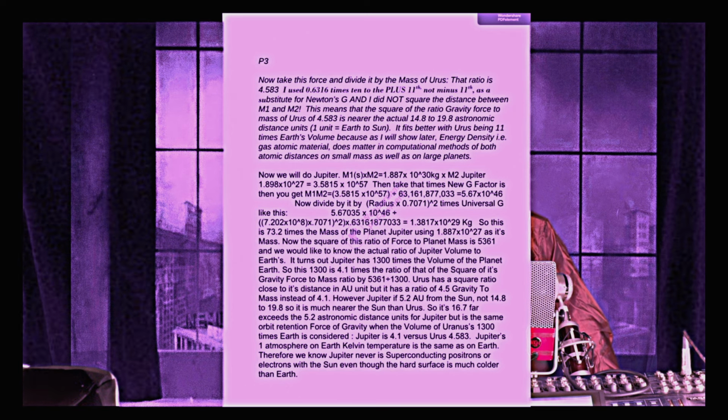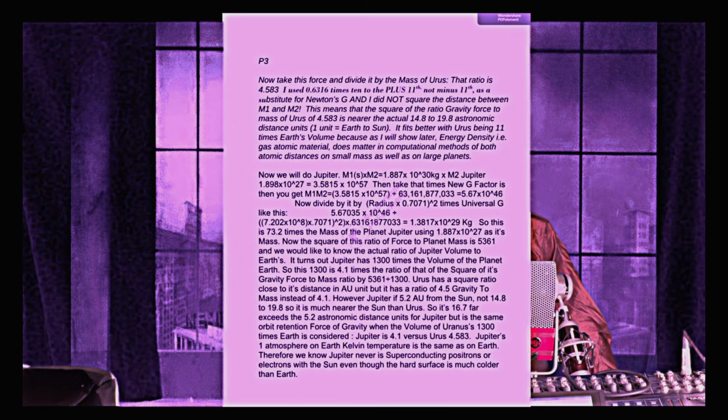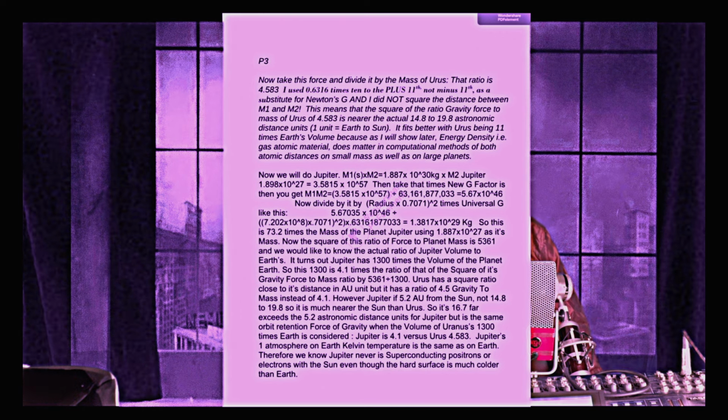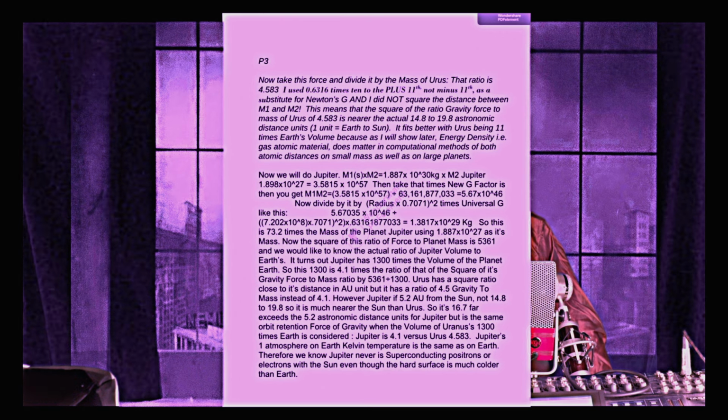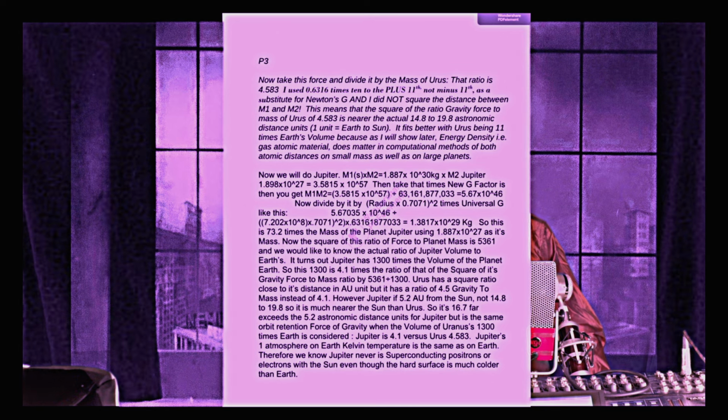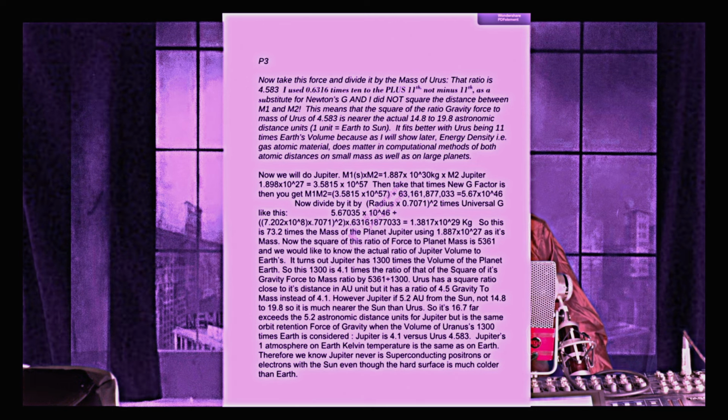Now we can do Neptune. There are only going to be 3 planets in this discussion because they're the outer planets, and the 2 outer planets, Neptune and Uranus, are very, very similar, except for their atmosphere, with Neptune being mostly hydrogen.